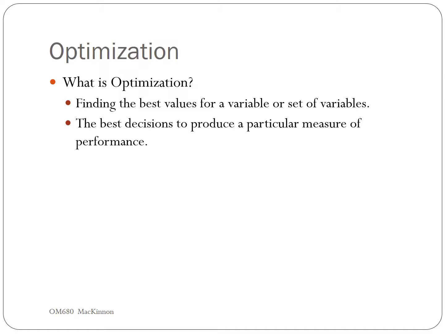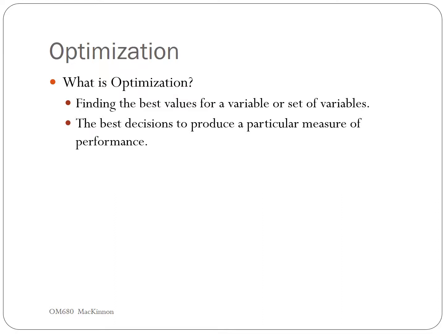Now, the measure of performance may be cost, for example. And so typically an optimal cost would be the absolute minimum. Or maybe the measure of performance is profit. So in that case, the optimal value would be the absolute maximum. So we want to take a look at the things that we can change and change them in such a way as to achieve the best possible performance.